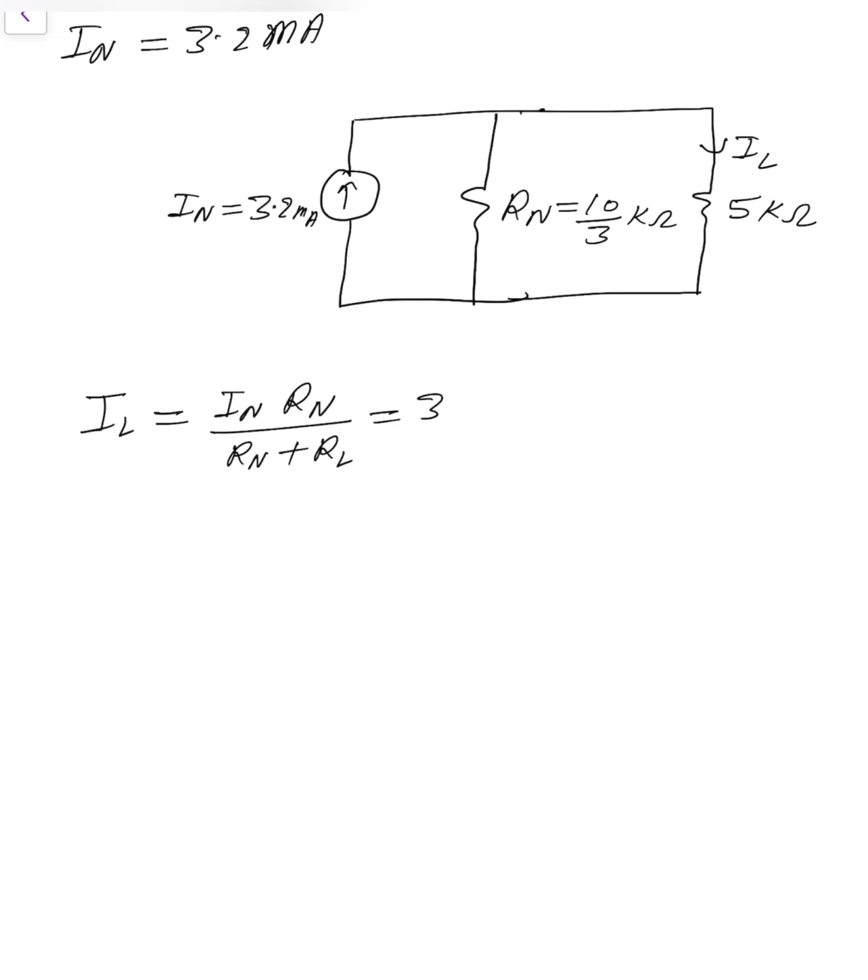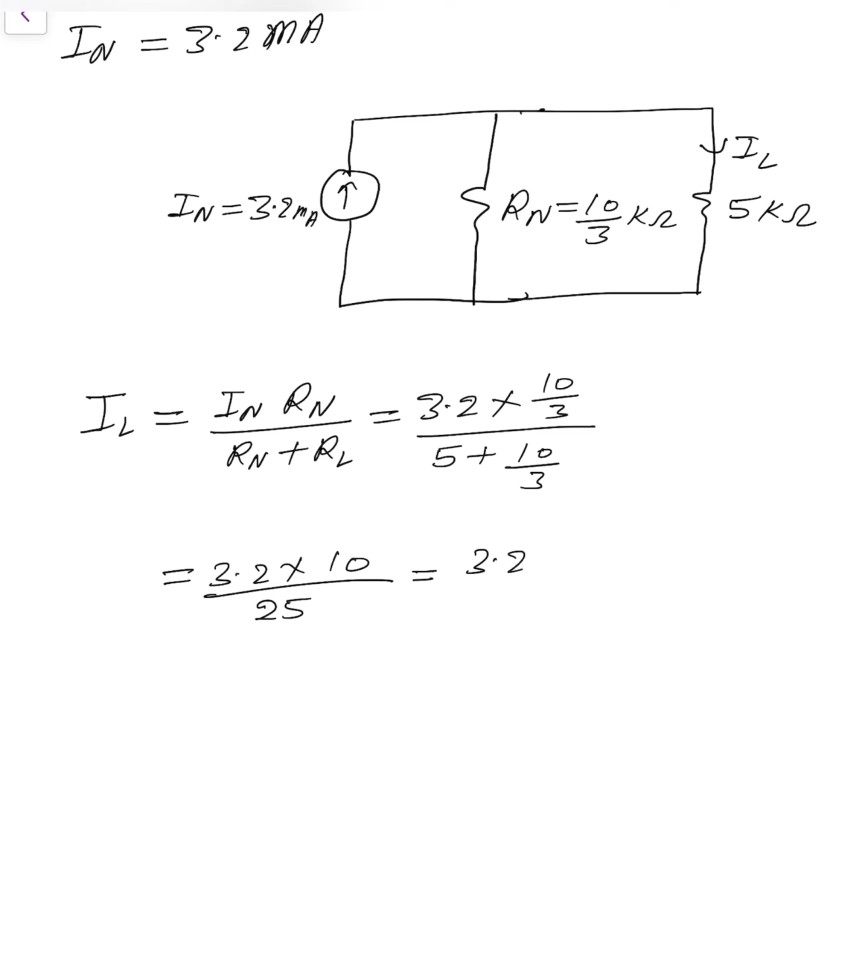So 3.2 into 10 by 3 whole divided by 5 plus 10 by 3. So we get 3.2 into 10 divided by 15 plus 10, that is 25. So 3.2 into 2 divided by 5. Finally we get 64 divided by 5.